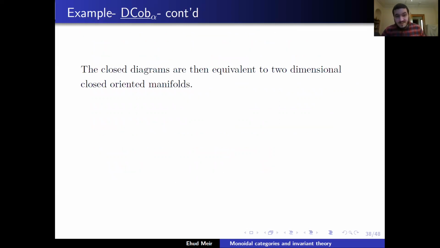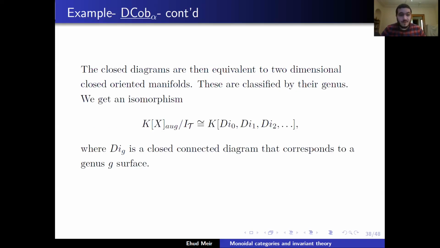And then what happens is that the closed diagrams are equivalent to two-dimensional closed oriented manifolds. And closed oriented manifolds are just classified by their genus, right? So we get this isomorphism, that the algebra of invariants modulo the ideal coming from the axioms is a polynomial algebra, this time in infinitely many variables D0, D1, D2, and so on, where DG is the closed connected diagram that corresponds to a genus G surface.